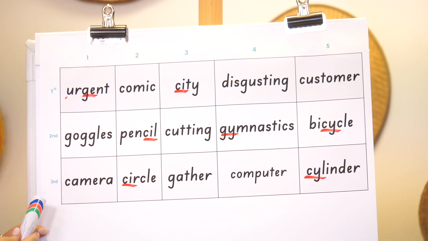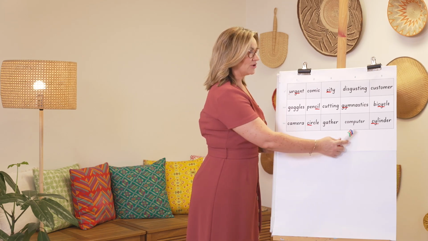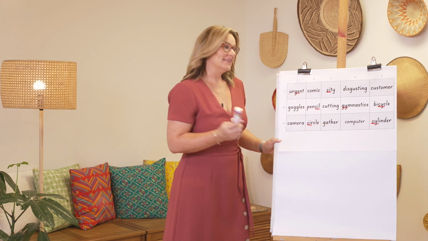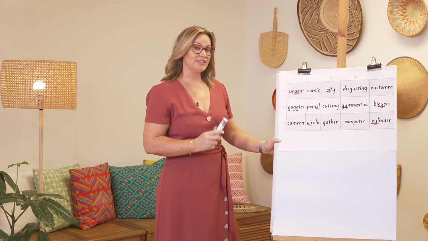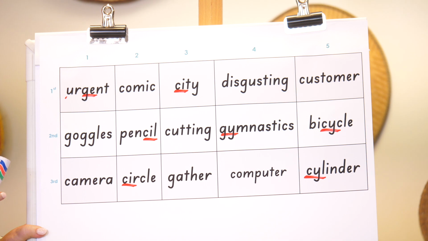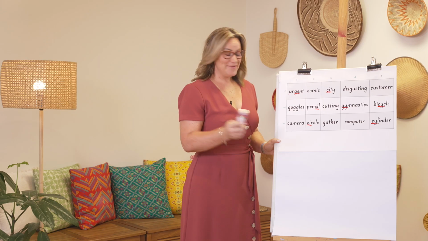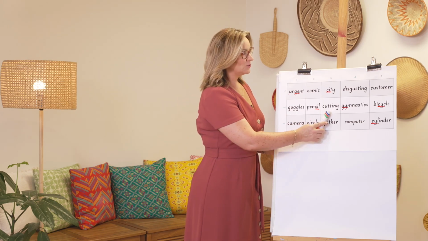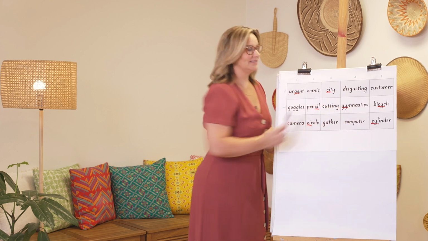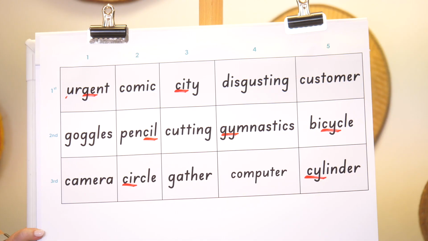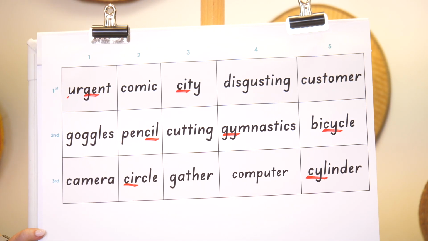Together, camera, circle, gather, computer, cylinder. Let's do row 2. Your turn first. Go. Together, goggles, pencil, cutting, gymnastics, bicycle. Do the last row on your own. Top row. Go.